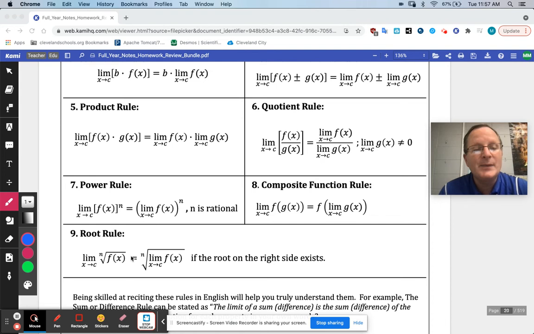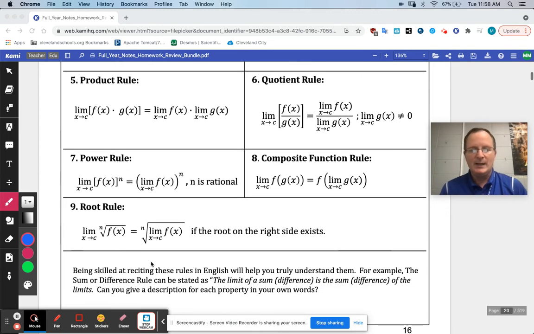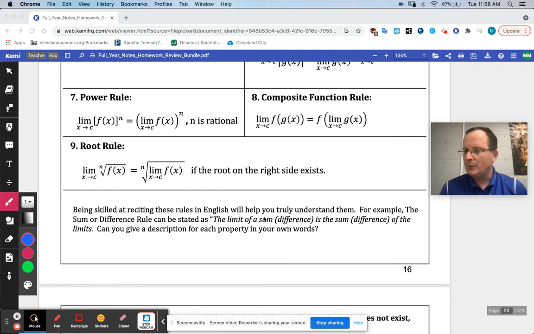And then same thing with any sort of root. The limit of a root would be the root of the limit. So it may be easier then to find the limit value and then take the root, whatever it may be. And then down here is just talking about pretty much what we just said.